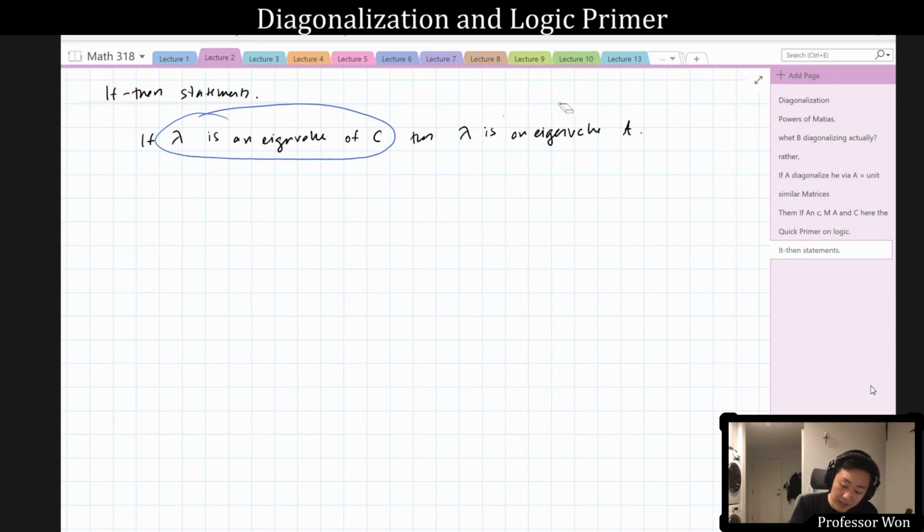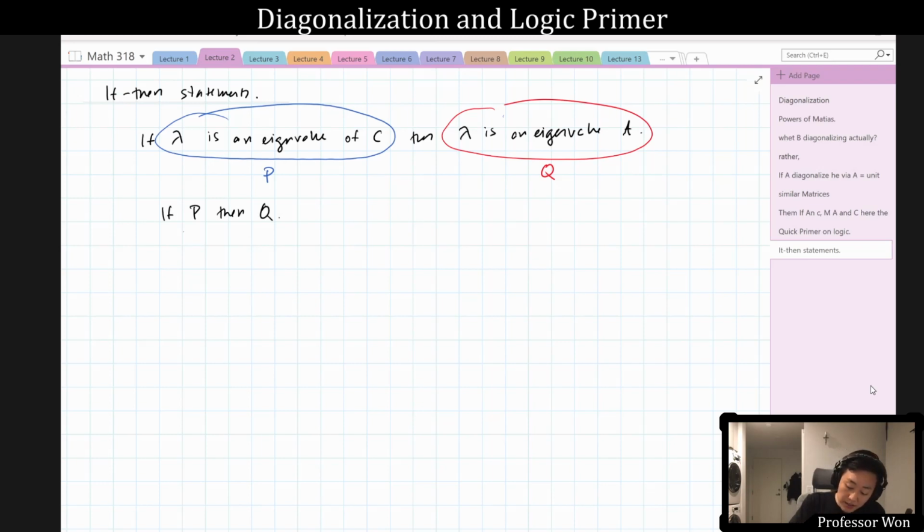Let me use different colors here. Let's call the statement P and call the statement Q. You are often asked to show if P then Q. Show that if lambda is an eigenvalue of C, then lambda is an eigenvalue of A. So if P then Q is a very common structure for a statement.